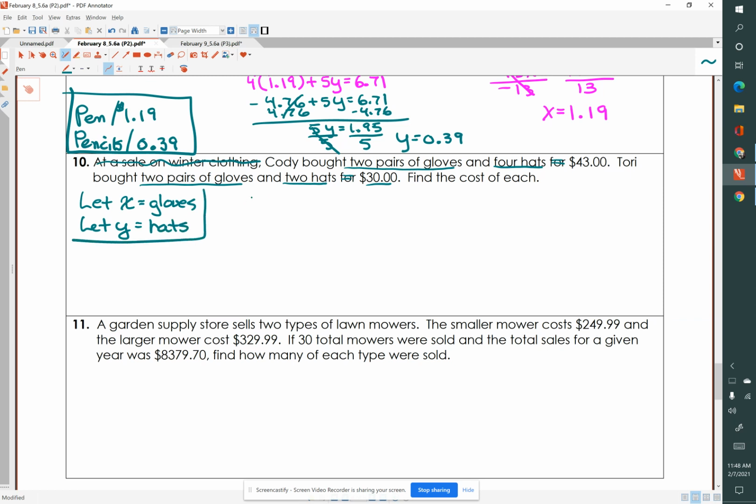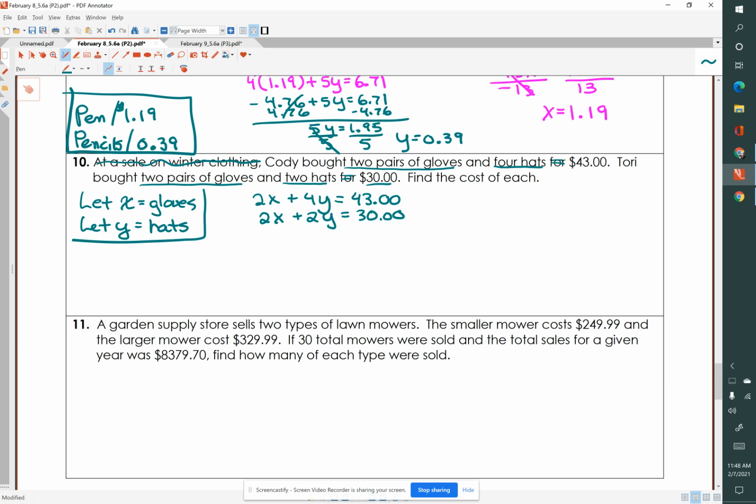So 2 pairs of gloves, 2x, plus 4 hats, 4y, for $43. It must be cold where these folks live. And then here in the second problem, we've got 2 pairs of gloves, and we've got 2 hats and $30.